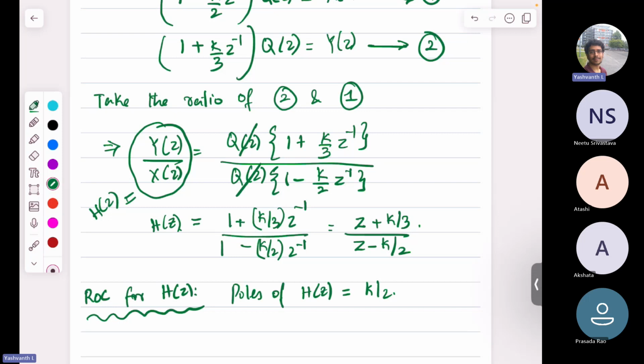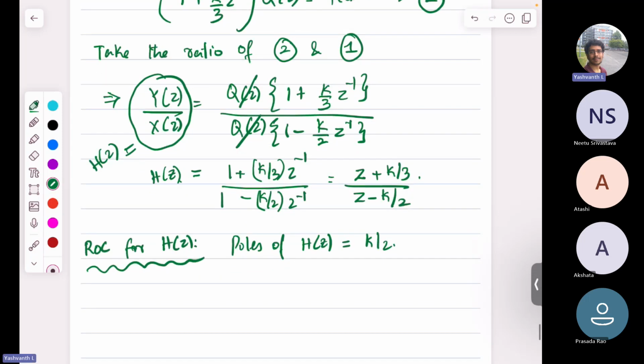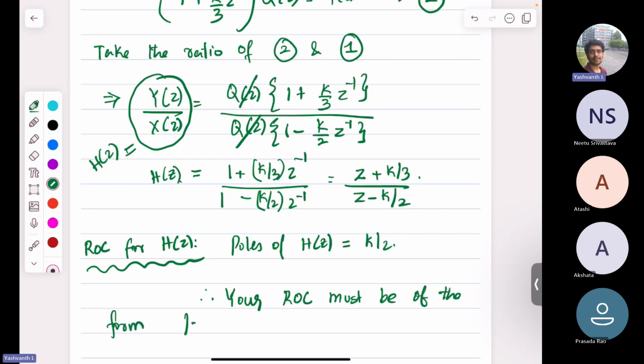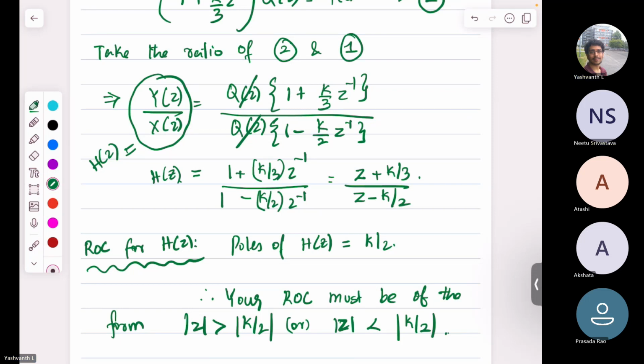Therefore, pole should be k by 2. Therefore, your ROC must be of the form mod z greater than mod k by 2 or mod z less than mod k by 2. Do you agree? Is this correct? It should be either exterior to the circle or interior to the circle. Now tell me which one of these is the ROC.